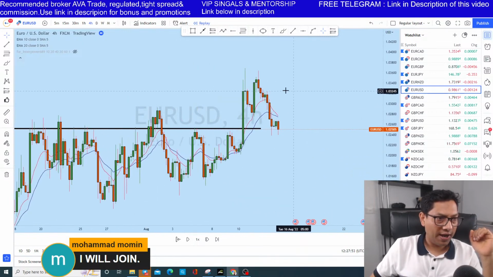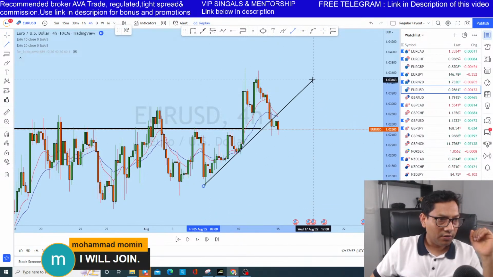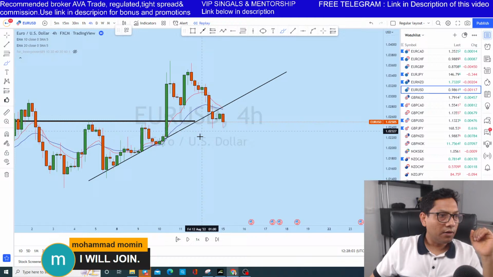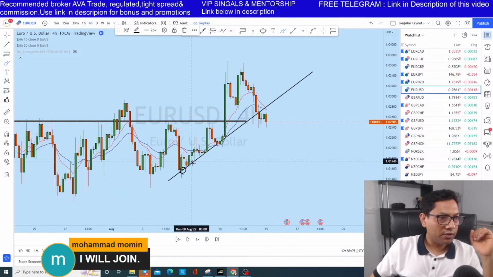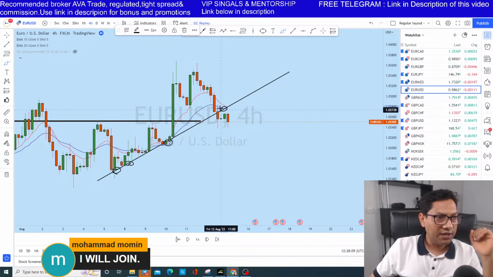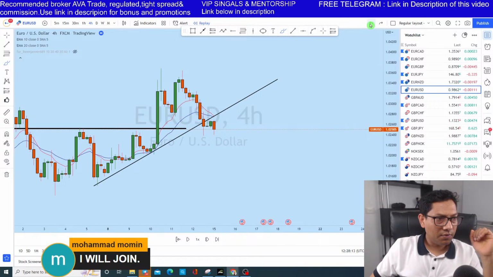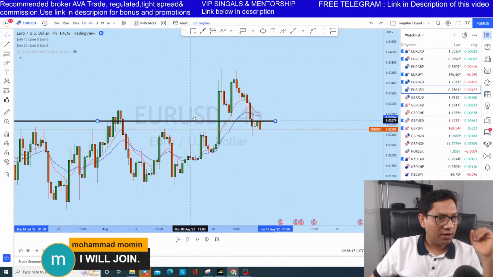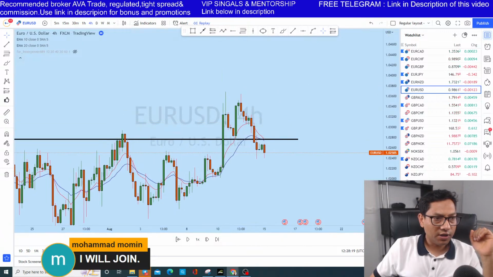You found one, and at the same time, if you look at this trend line, you can see a nice looking trend line, support here, which is acting here as resistance, all right. And at the same time, you see that the price has created a reversal pattern here, okay.